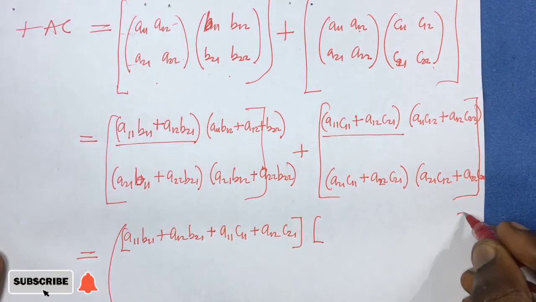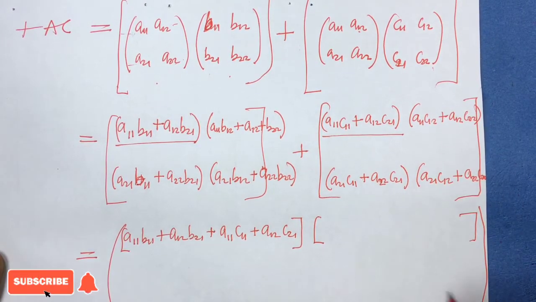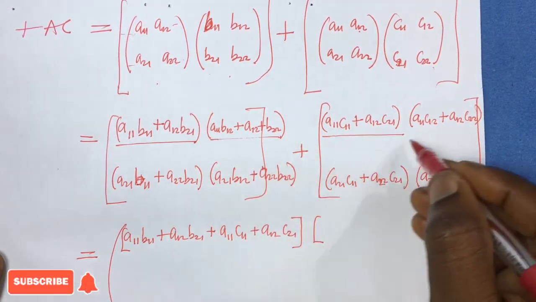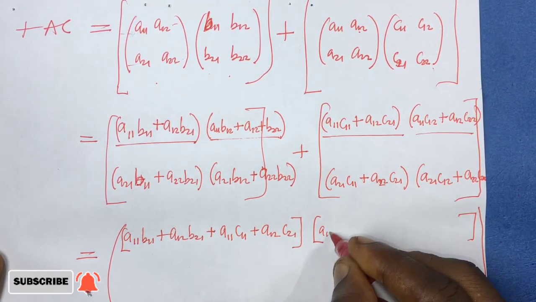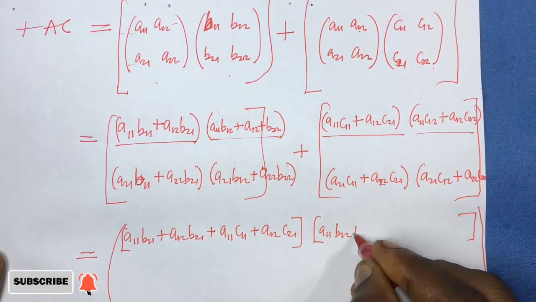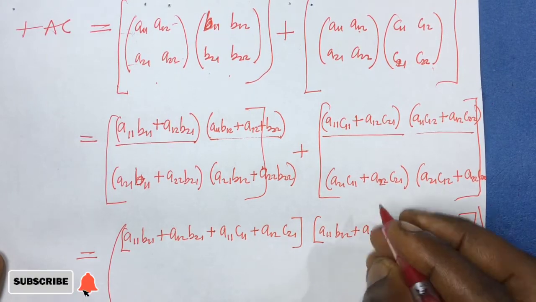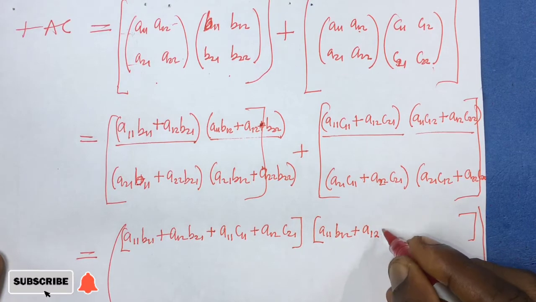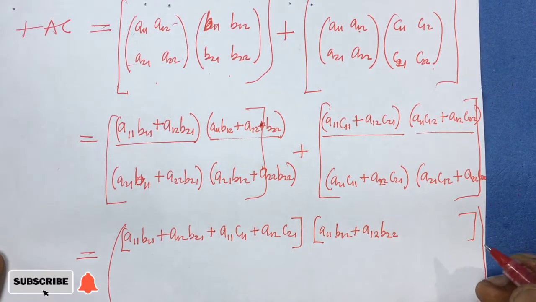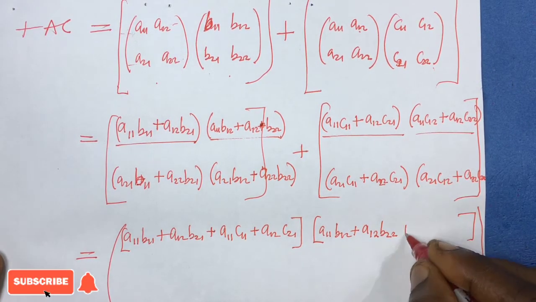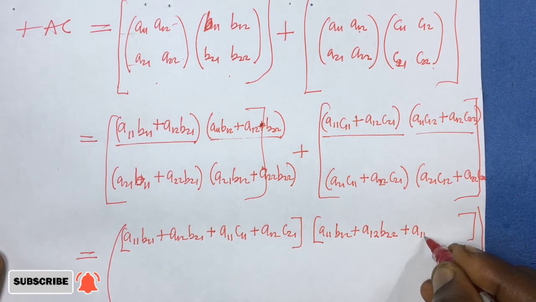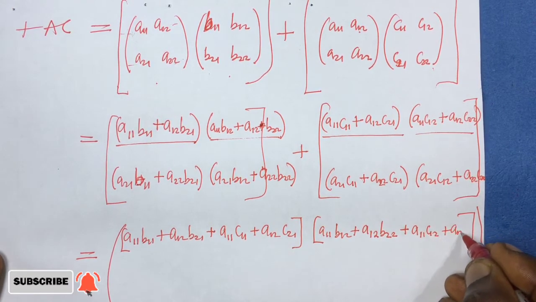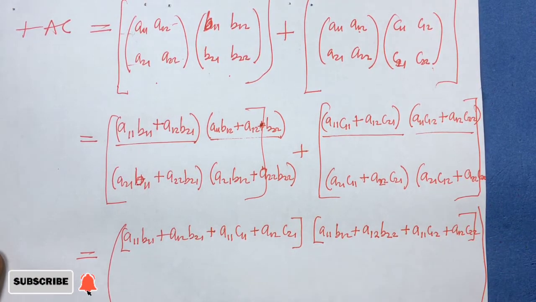Then add the next one. It will give you this plus this, A11 B12 plus A12 B22, plus A11 C12 plus A12 C22. That's what you're going to have there.